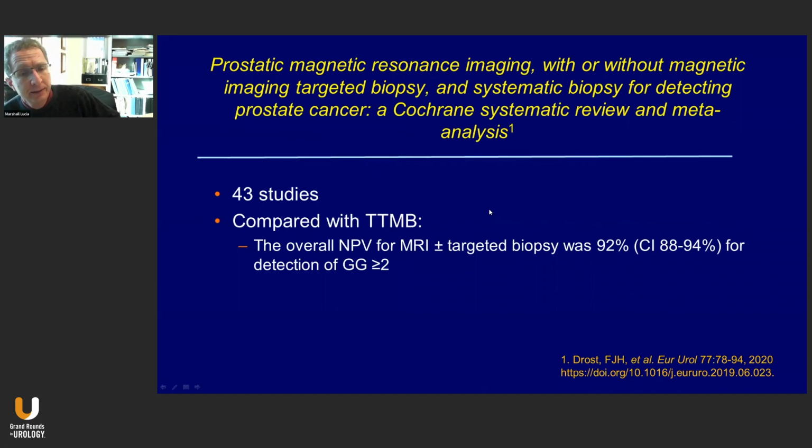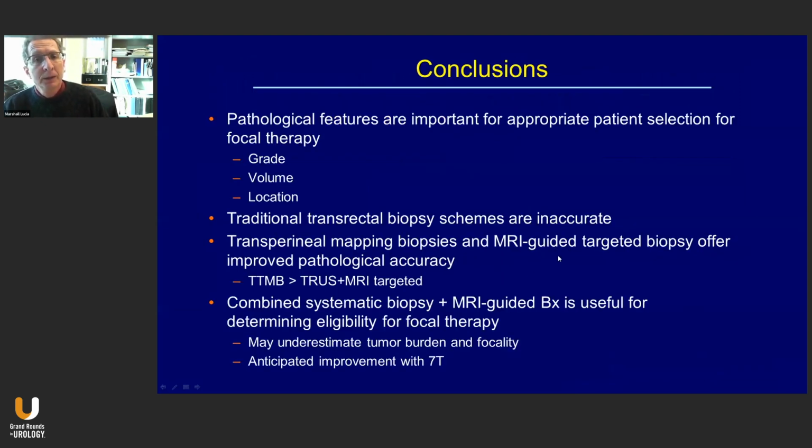And in a recent meta-analysis looking at about 43 studies, compared multiparametric MRI with or without targeted biopsy and TTMP, the overall negative predictive value with all of these studies combined in the meta-analysis was 92%, meaning that about 8% of tumors, significant tumors, grade group 2 or above, were missed by MRI targeted biopsy as compared to TTMP.